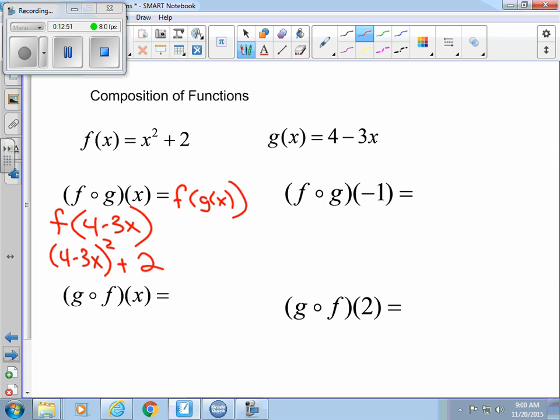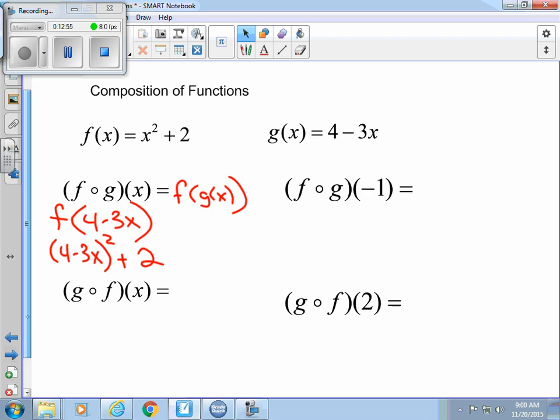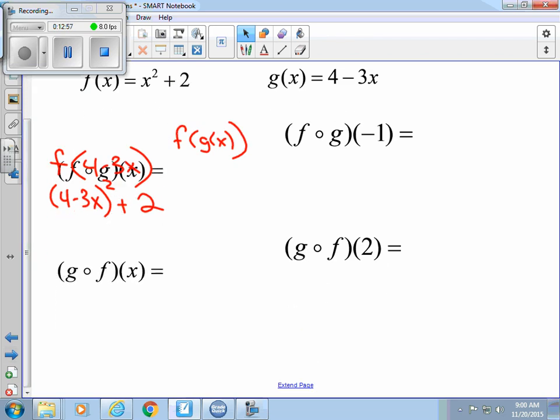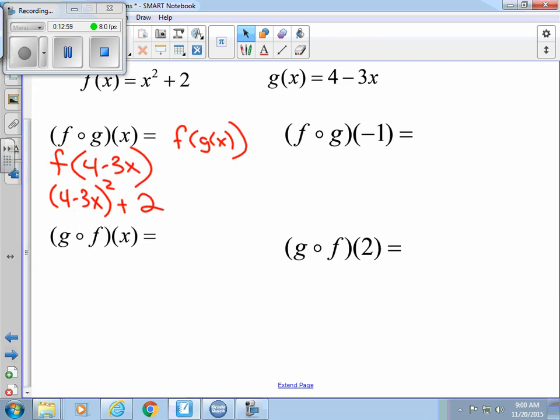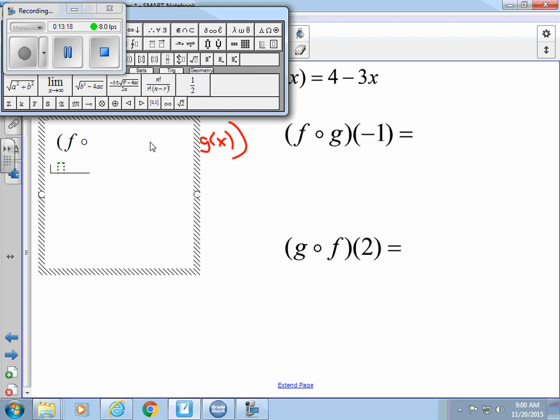Why is that hard? Do you have to have parentheses around the 3x and another for it? Yes. What does it mean to square something? Multiply it by itself.